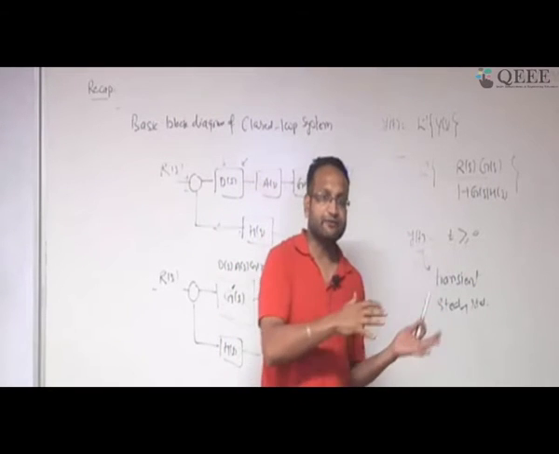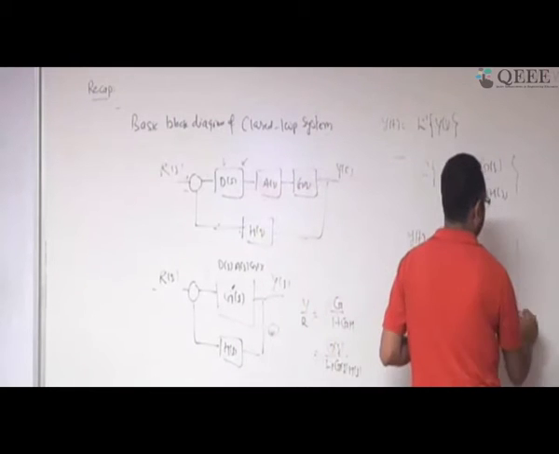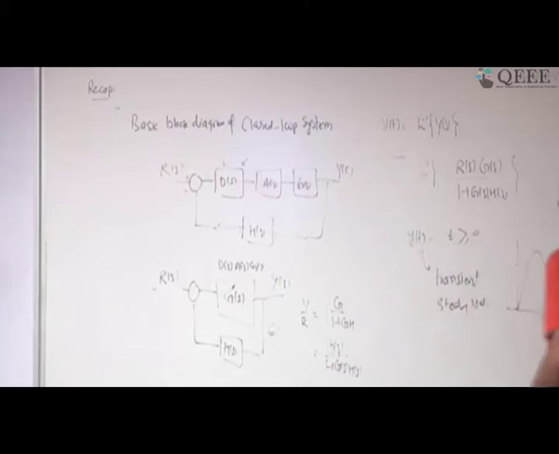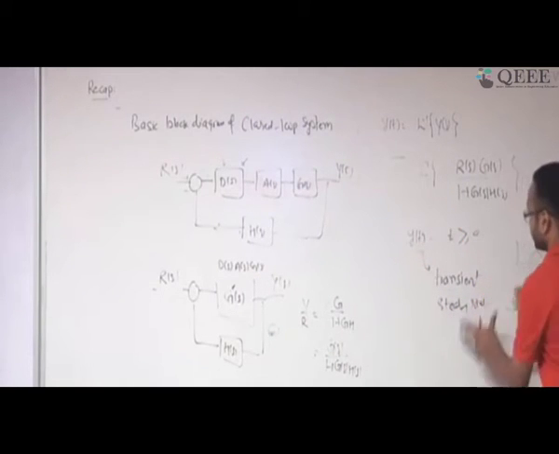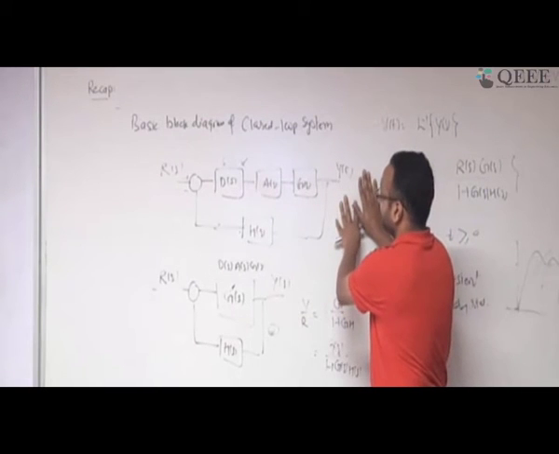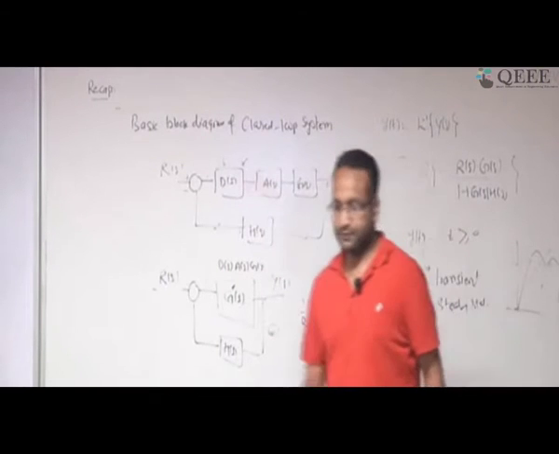As soon as the transient phenomena ends, the steady state phenomena starts. A typical response looks like this: this is my transient behavior and this is my steady state behavior. Now we want to understand how the transient and steady state behavior varies for a control system under the influence of different controllers.